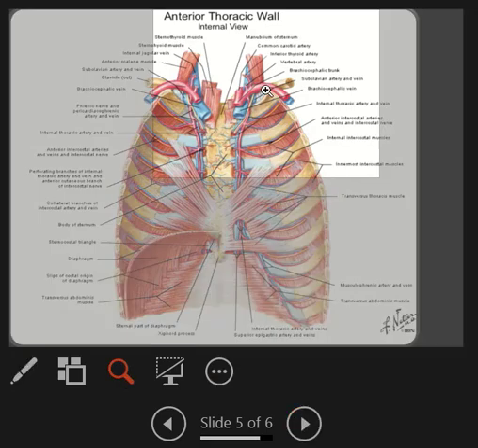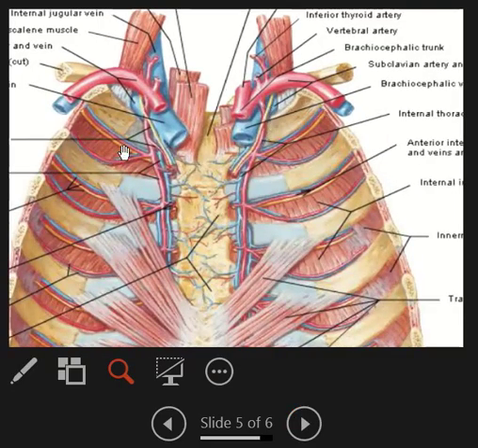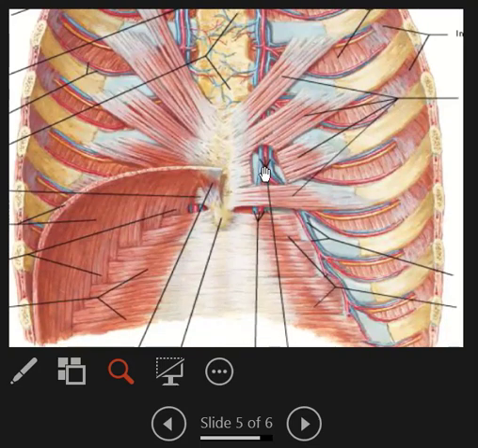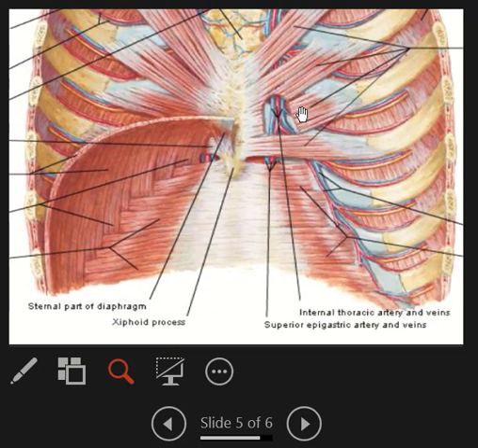Look at the picture, please. These are the internal thoracic arteries that originate from the first part of the subclavian artery. They go to the 6th intercostal space and terminate here by splitting into 2 branches: superior epigastric artery and musculophrenic artery. As you see, the musculophrenic artery has branches.